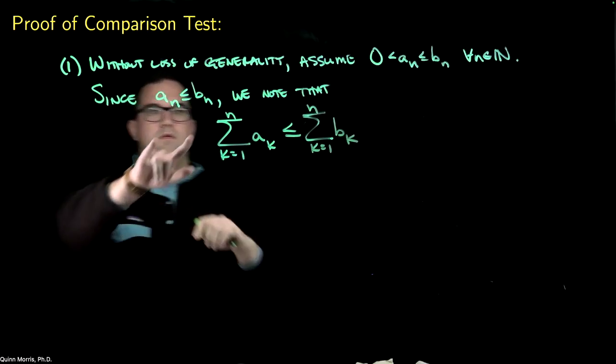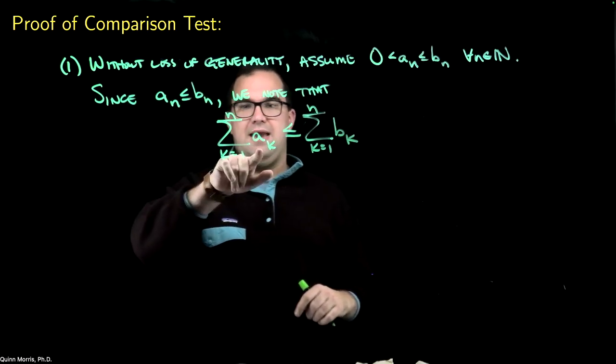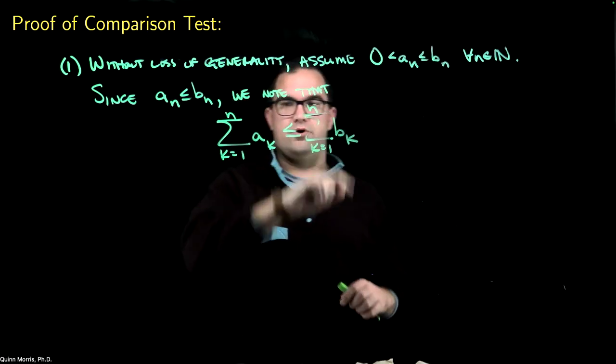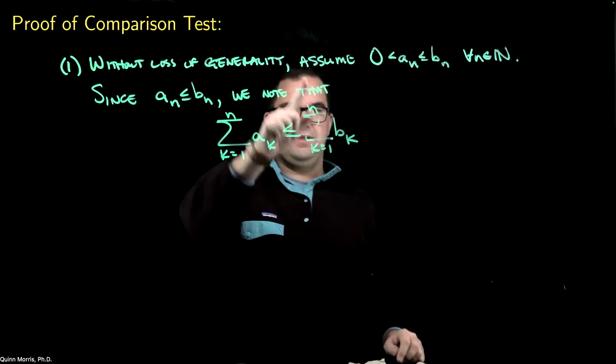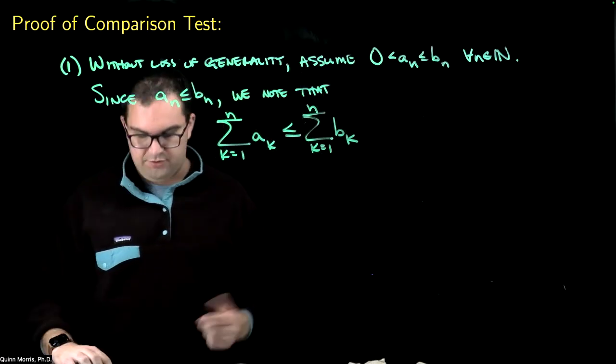Since the A terms are always less than or equal to the B terms, if I add up the first n A terms, then that has to be less than or equal to the first n B terms, right?